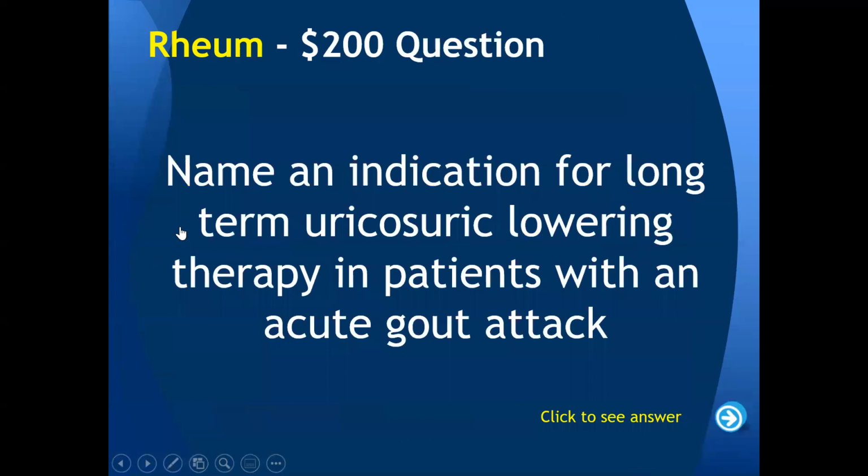Room 2. Name one indication for long-term uricosuric lowering therapy in patients with an acute gout attack. More than one flare. Per, and what time period?